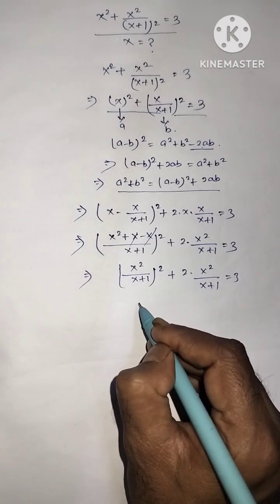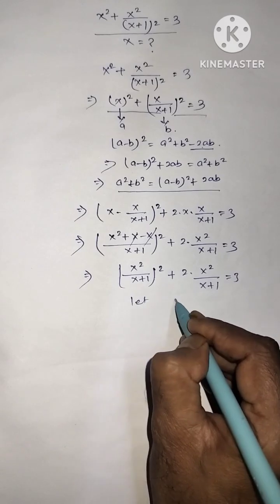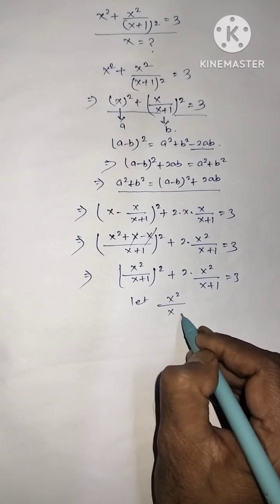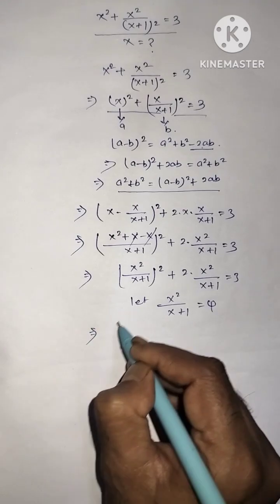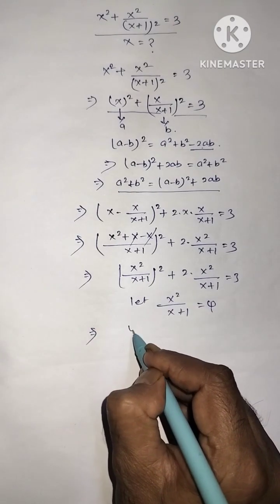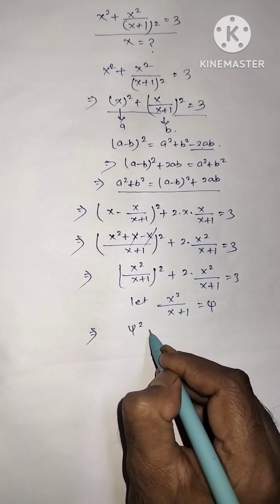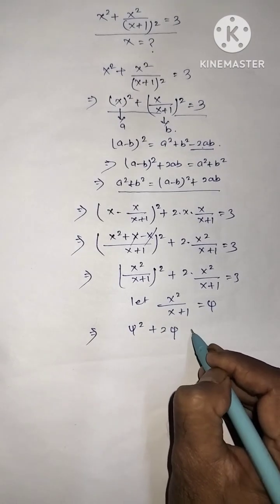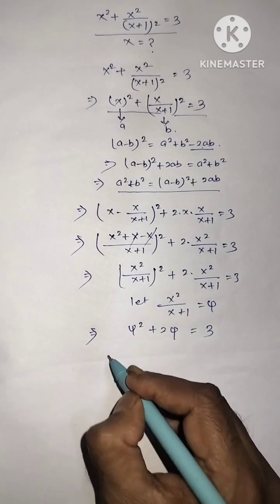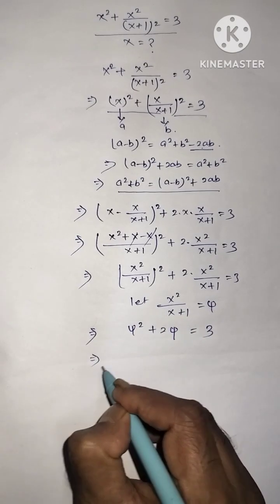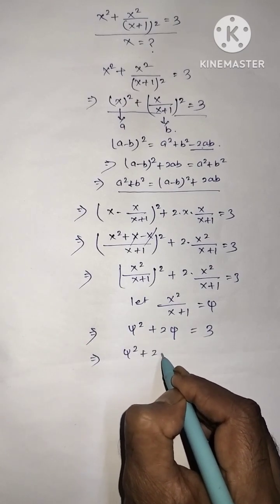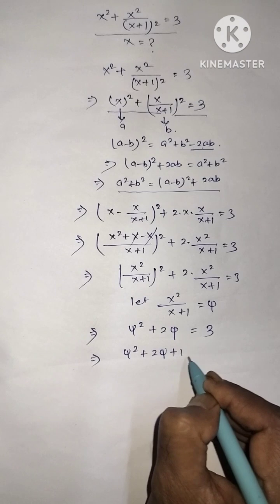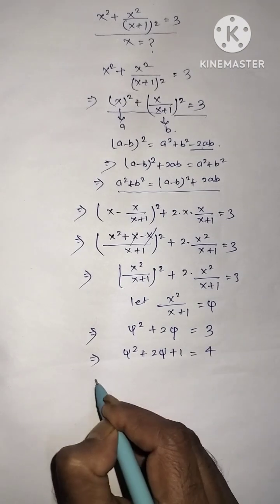Now, let x raised to power 2 over x plus 1 is equal to psi. So this equation will become psi square plus 2 times psi equal to 3. Now what I will do, I will add 1 on both sides. So psi square plus 2 times psi plus 1 will be equal to 4.